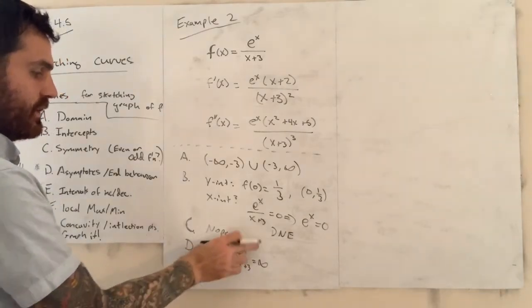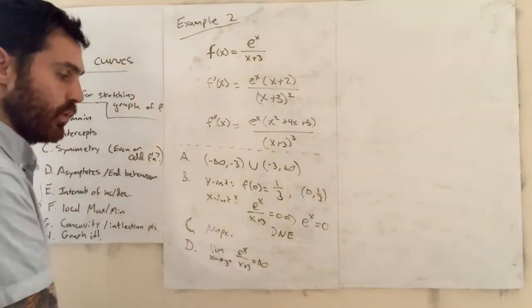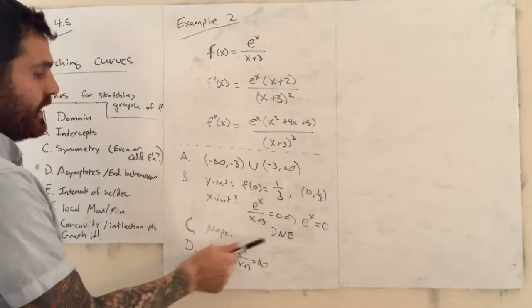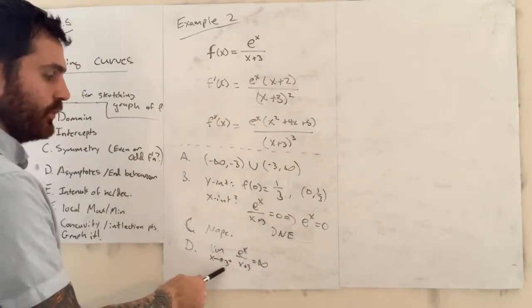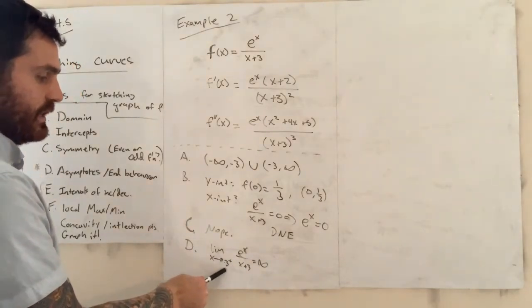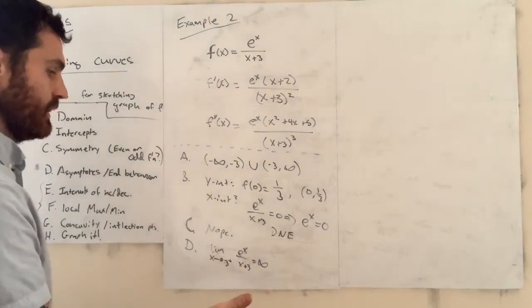Why is that? This thing is getting closer and closer to 0, so you know it's going to go towards one of the infinities. e to the x is always positive. The denominator will also always be positive because you're taking values larger than negative 3.